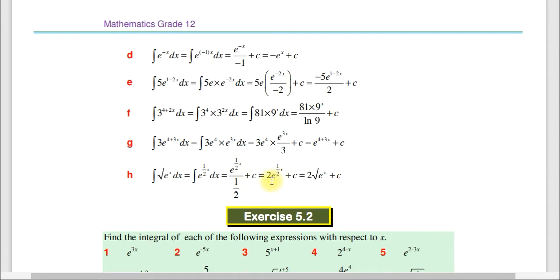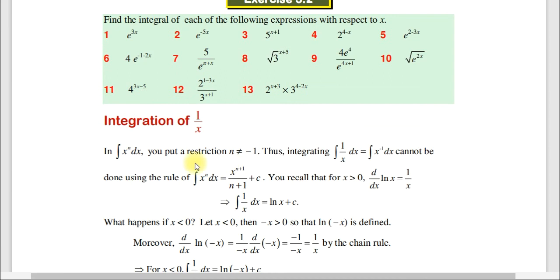Then rearranging, 1 over 2 over 1 over 2 gives 2 times x to the power of 1 over 2 plus c. That means 2 root x plus c. We can work in this form. It is a very easy method.